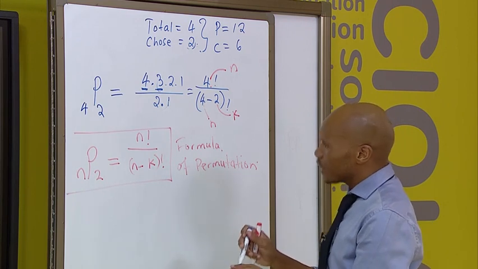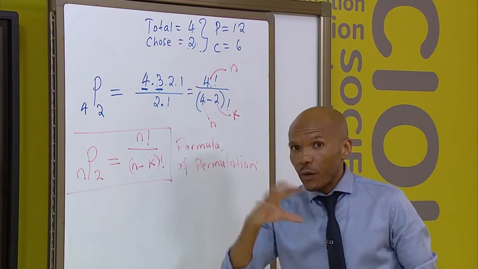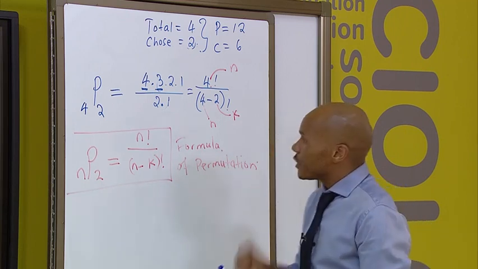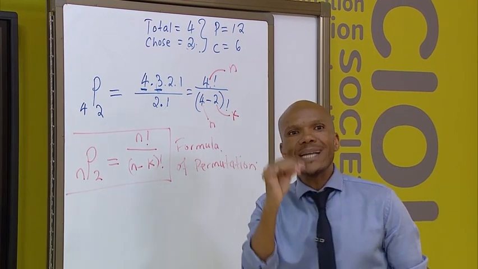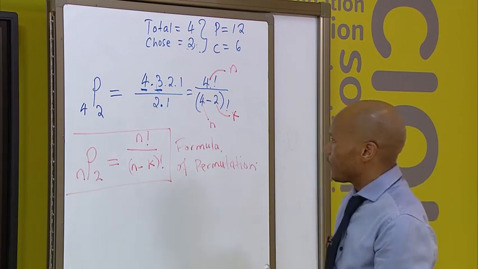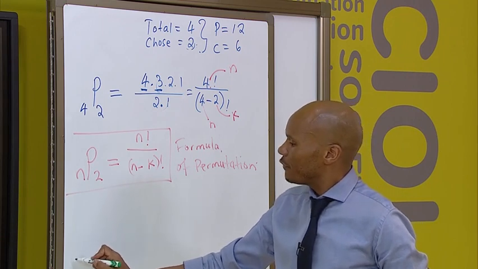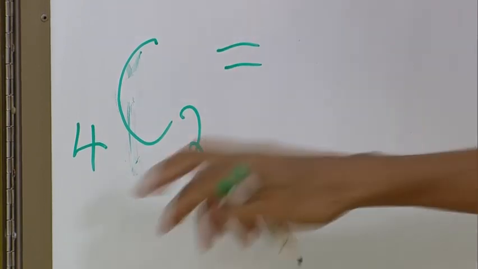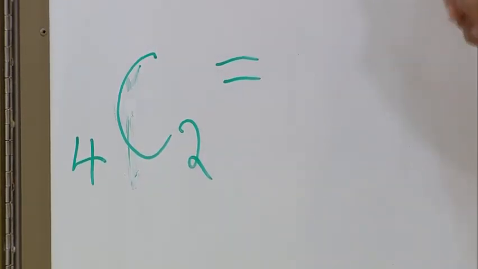But how do we use this to get our combinations formula? Remember that in our combination, our 12, we chose 2, and out of that 12, we took out the ones that were repeating. The ones that were repeating, we took out, all right? So now we are going to say, if you have 4 choose 2, you have a total of 4, you choose 2, what are you going to have?